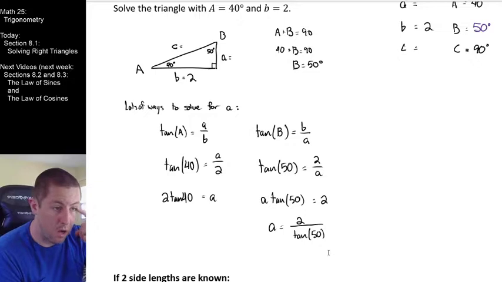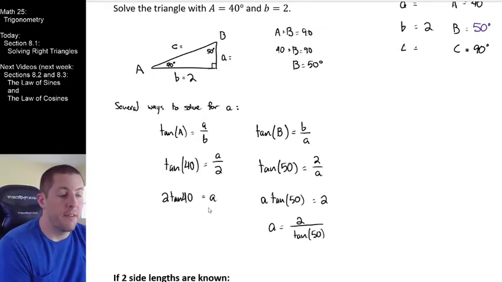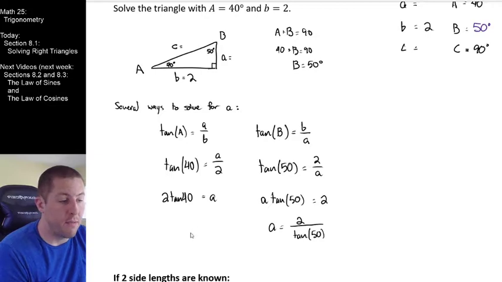All right? So maybe that's not quite lots of ways. Maybe I exaggerated here, but I think I can say several ways. And so these are two different expressions that should be giving us a value for a here.